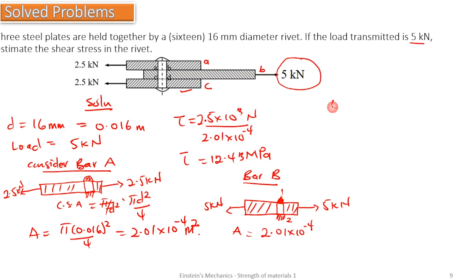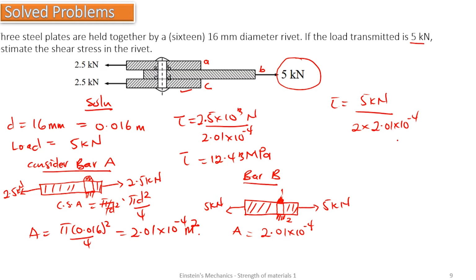So my shear in B is going to be the force, 5 kilonewton on 2 times the area, which is 2.01 to the power negative 4. And looking at this, 2 would divide this to be 2.5.